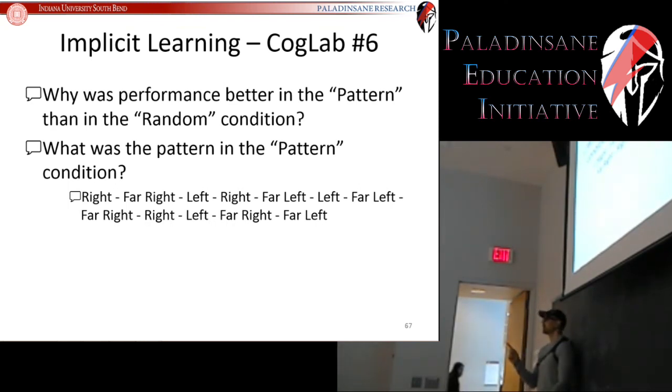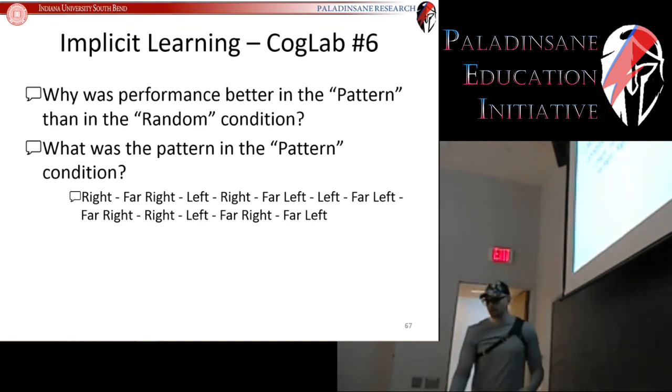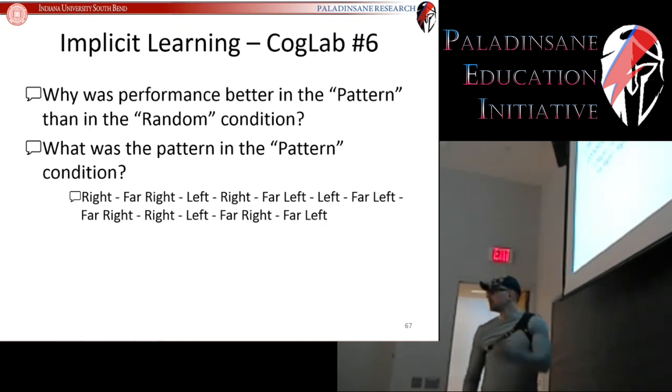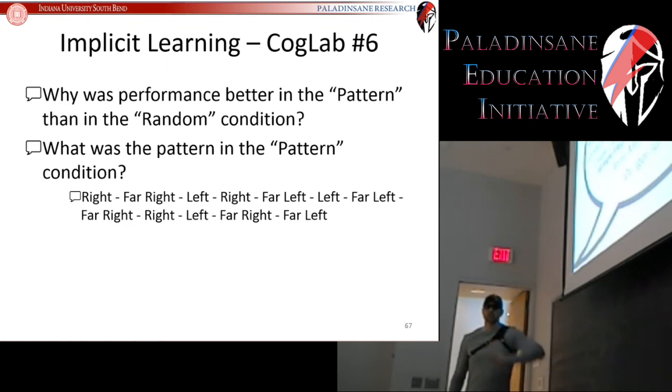That's why the Yanny versus Laurel thing blew up, because half the people heard Yanny, half the people heard Laurel. It's the same pattern, but one person's mind imposed a certain type of order on it, another person's mind imposed a second type, and when we get to language processing, we'll see exactly what was going on. All right, so I think that is good for today.